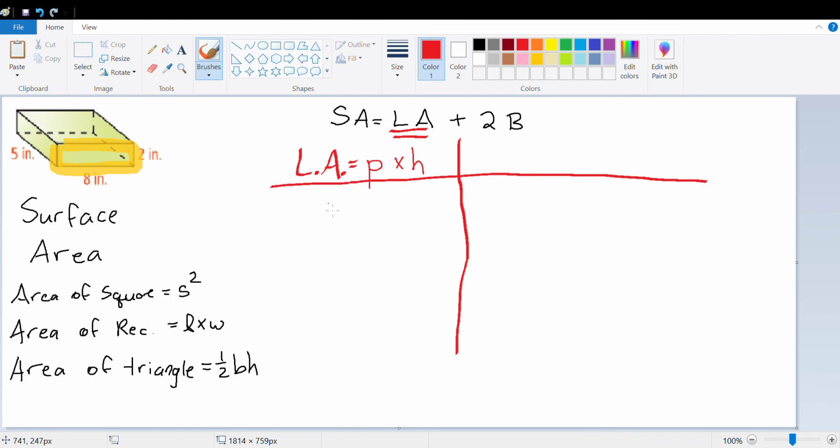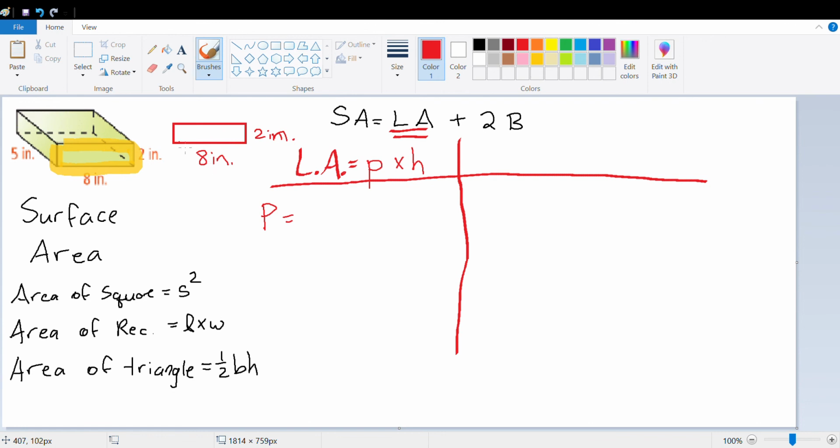Okay, so before we do anything, we need to find the perimeter. Now, perimeter is when we're calculating the sum of all the sides of this rectangle. So let me just redraw this rectangle to separate it. This is the rectangle I'm looking at, and we have 8 inches here. We have 2 inches on the side. With a rectangle, the opposite sides are equal to each other.